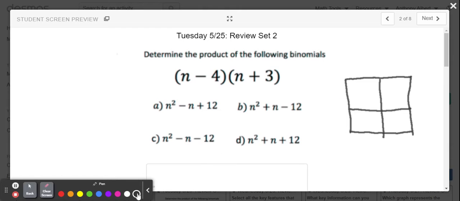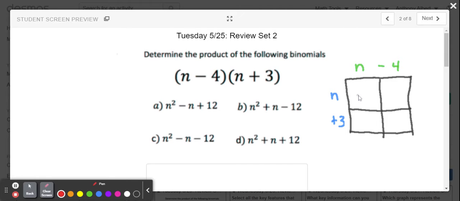We put one of the binomials across the top, n minus 4. We put the next binomial across the side, n plus 3. And then we need to fill out the inside. And the inside is the area of each square, which is side times side.